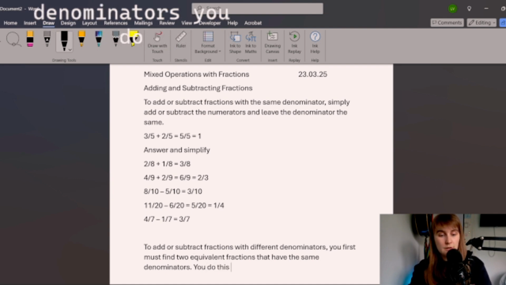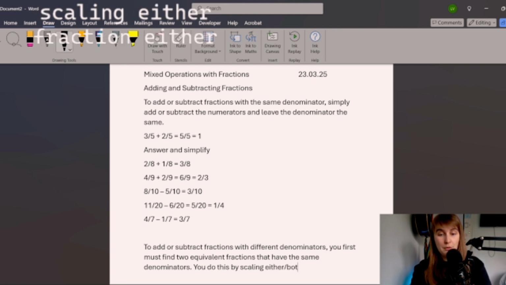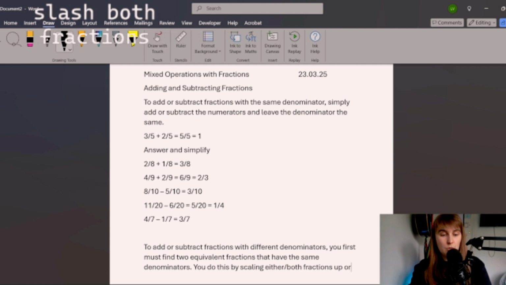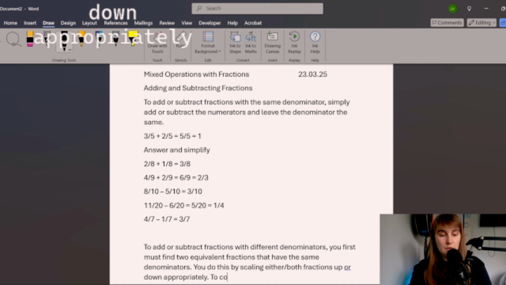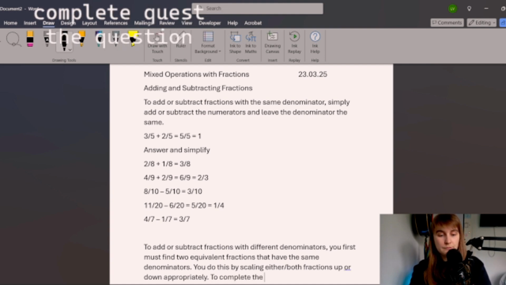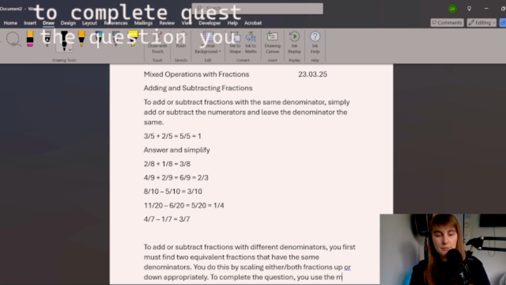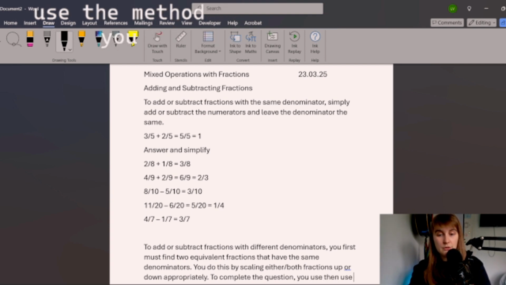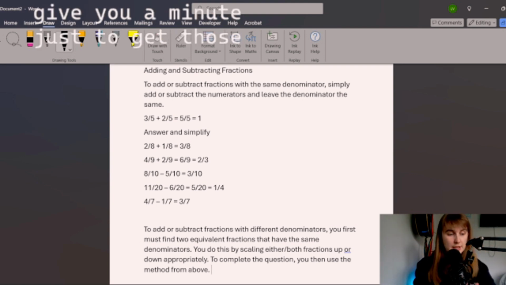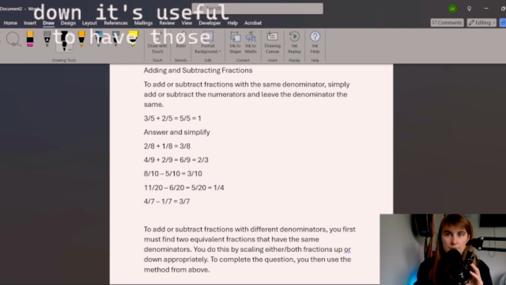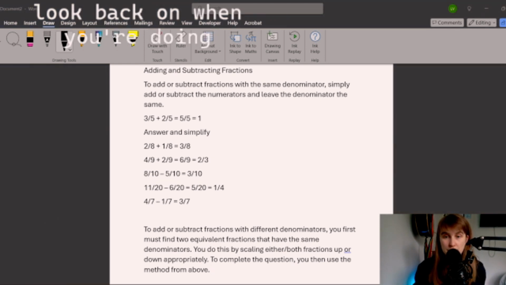You do this by scaling either fraction, either/both fractions up or down appropriately. To complete the question, you then use the method from above. Okay, so I'm just going to give you a minute just to get those notes written down. It's useful to have those to look back on when you're doing your questions.